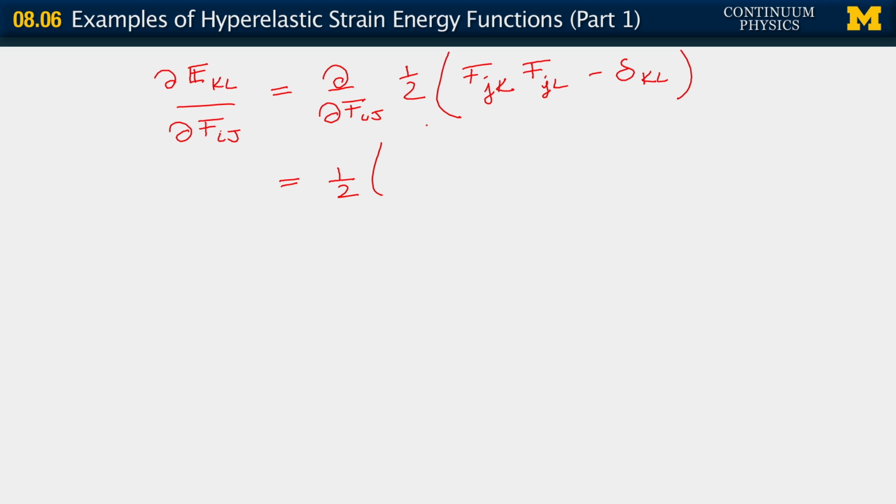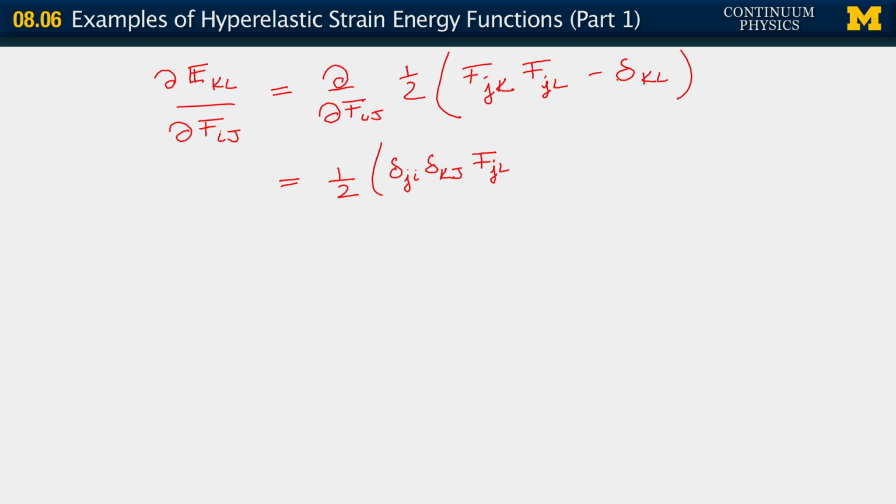When we apply it to the first term in that product of components of F, that gives us delta_ji delta_KJ F_jL.